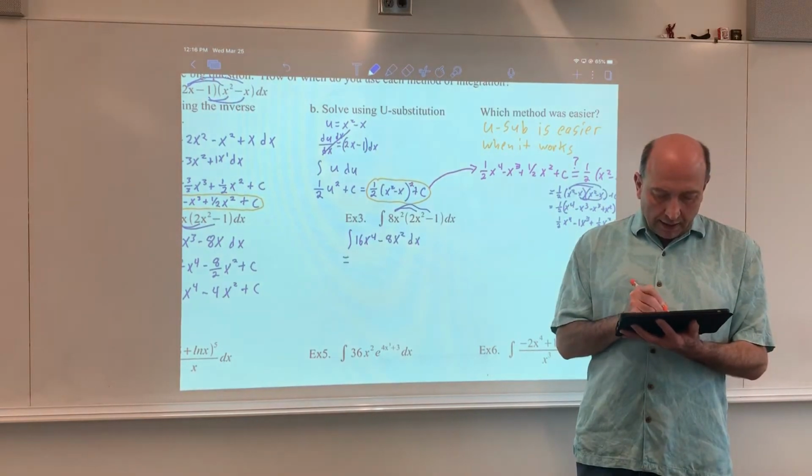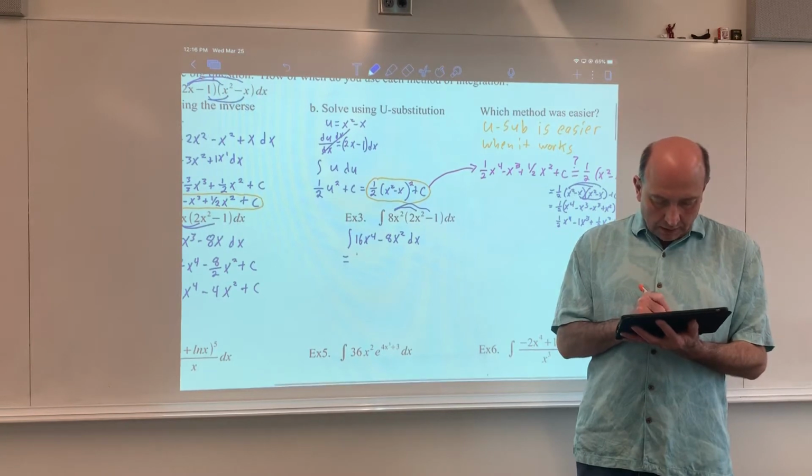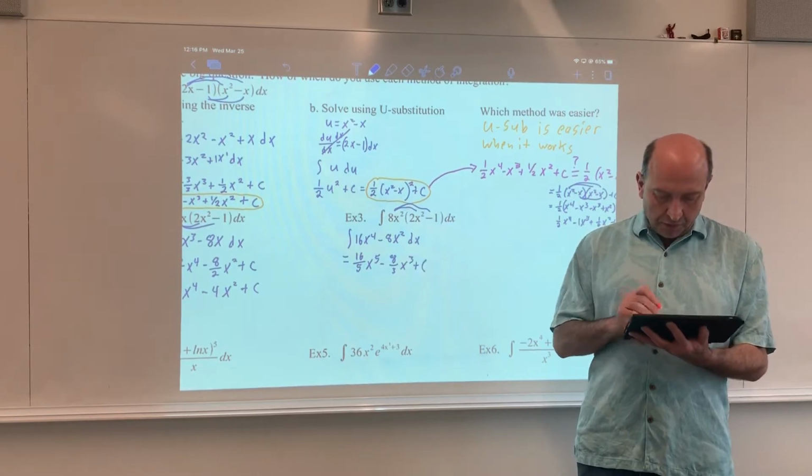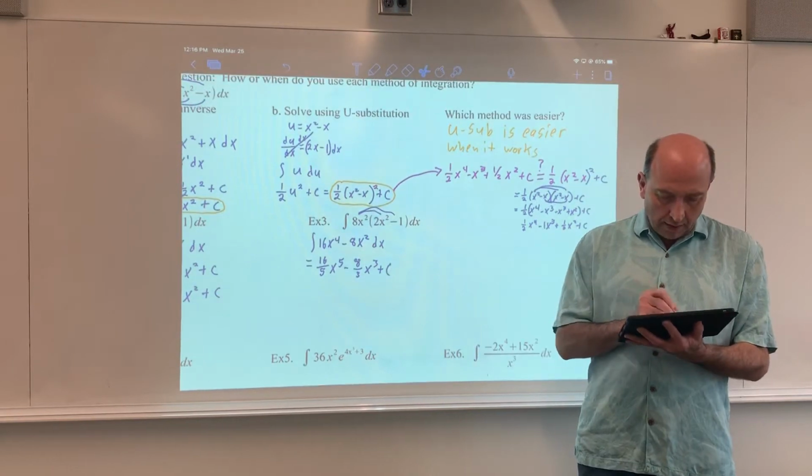Now, the antiderivative is 16 over 5 x to the 5th minus 8 over 3 x to the 3rd plus c for good measure. All right, everything's fine.